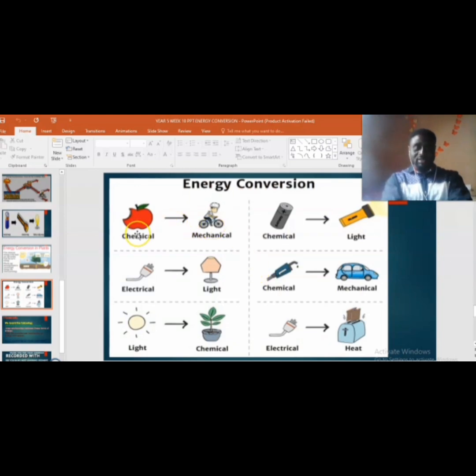In this case, an apple, being a food, has chemical energy stored in it in the form of starch or glucose or other nutrients we derive from plants. When eaten by man, it is converted to mechanical energy, which is in the form of kinetic and potential. So in riding this bicycle, the movement energy is kinetic energy.